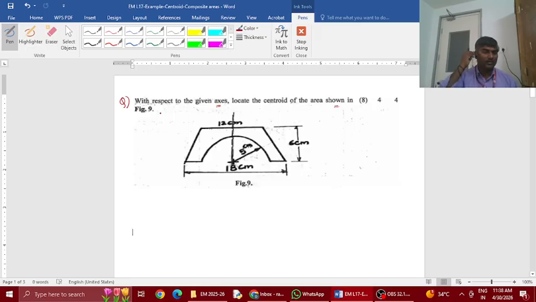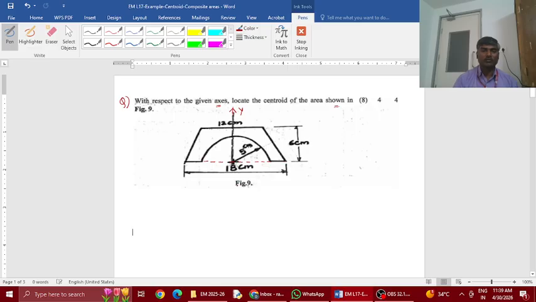So this is the given area. This is the axis mentioned by the question here.